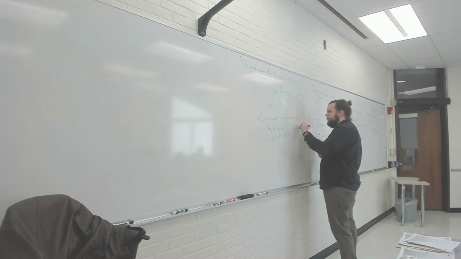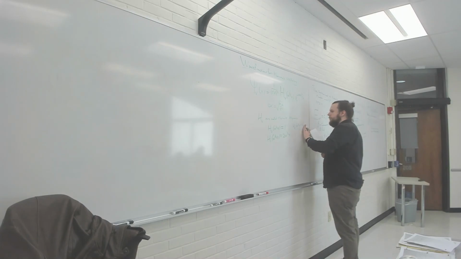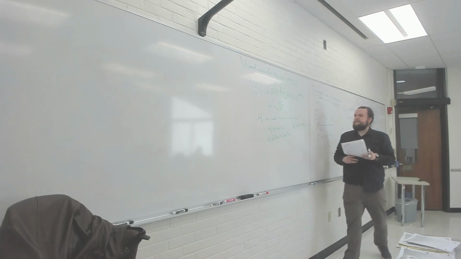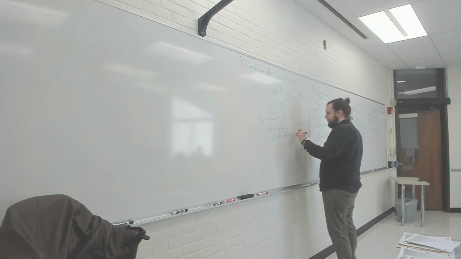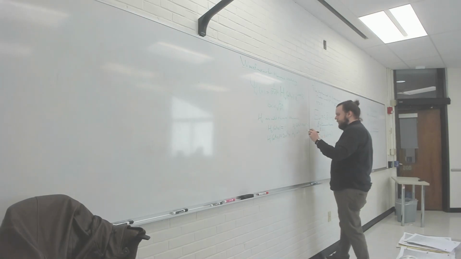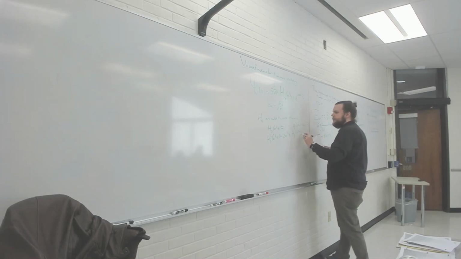For v equals 2, it's equal to 4 alpha x squared minus 2. And H_3 of alpha^(1/2) x is 8 alpha^(3/2) x cubed minus 12 alpha^(1/2) x.